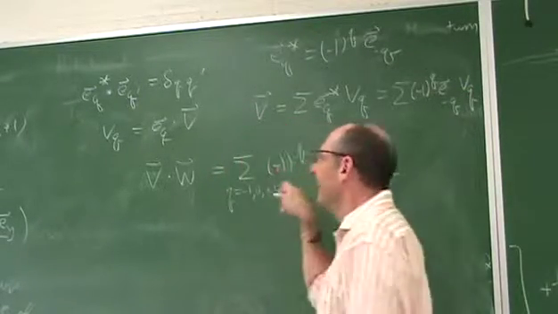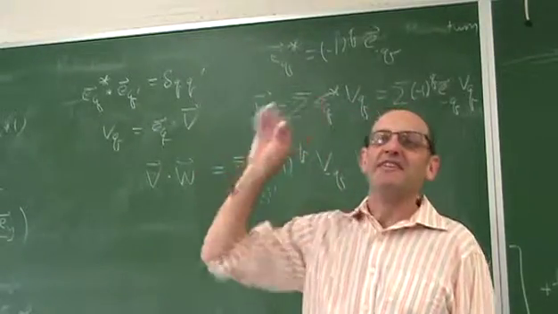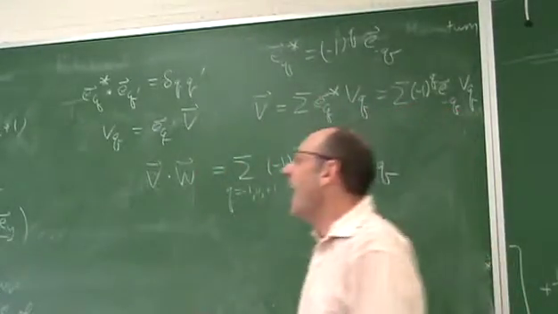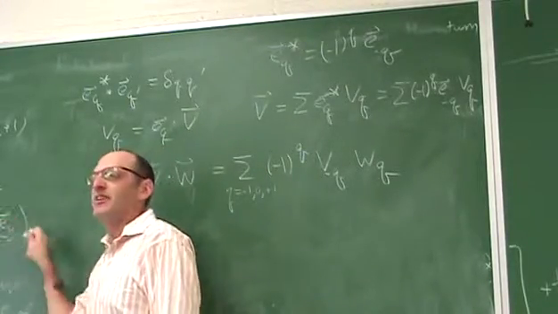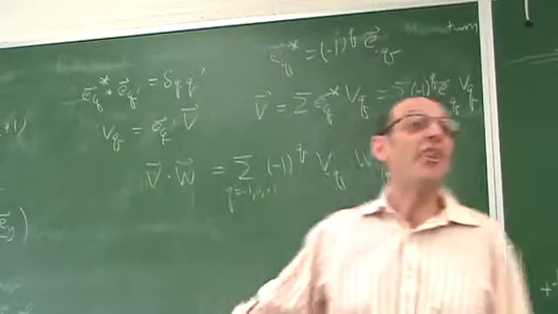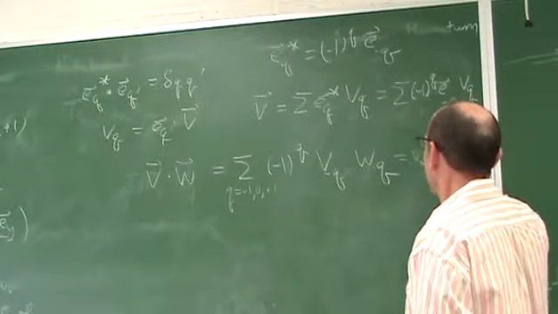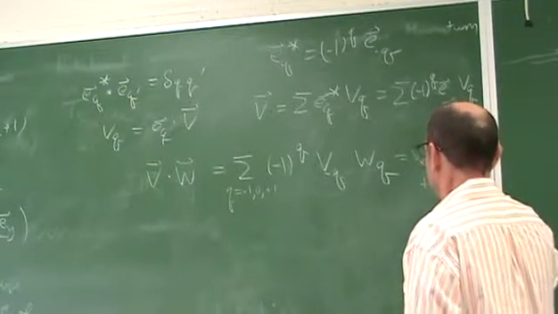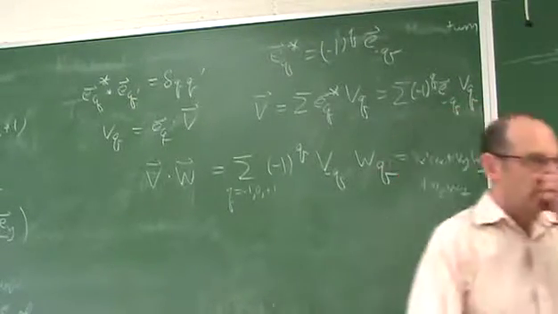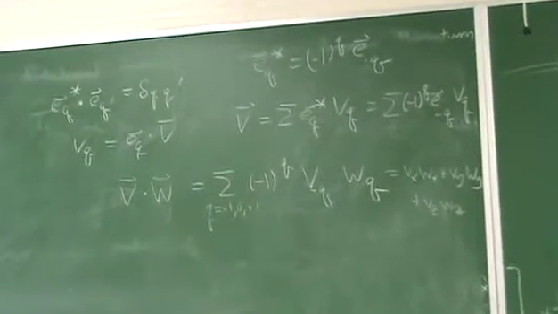So if you plugged in, v_0 is vz, and v_plus or minus is minus or plus vx plus or minus i vy over root 2, and plugged all that in, you would get this is equal to vx wx plus vy wy plus vz wz, etc. Okay, try it anyway.